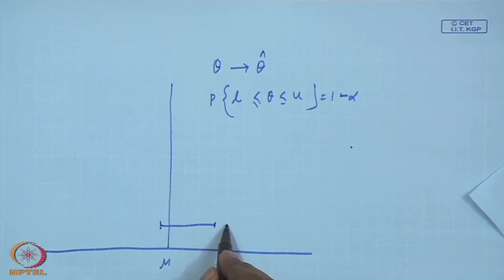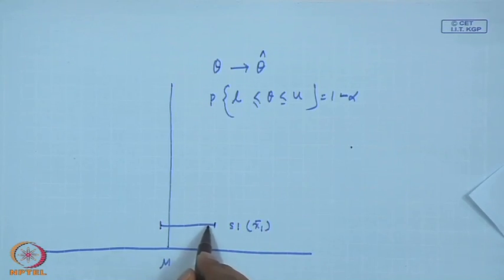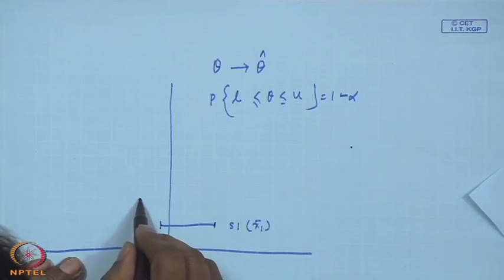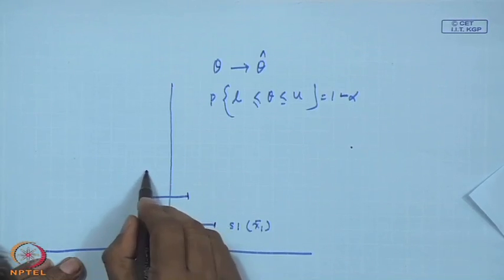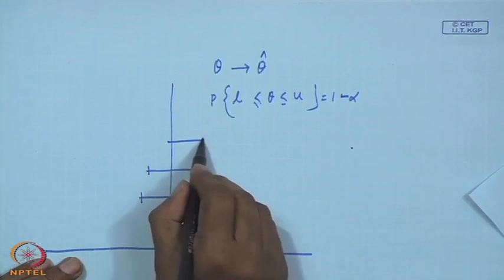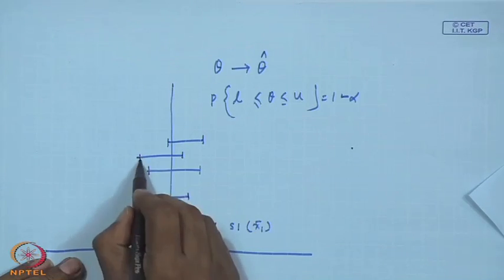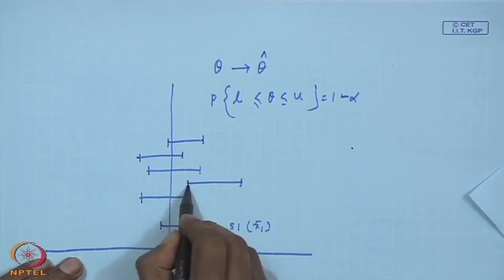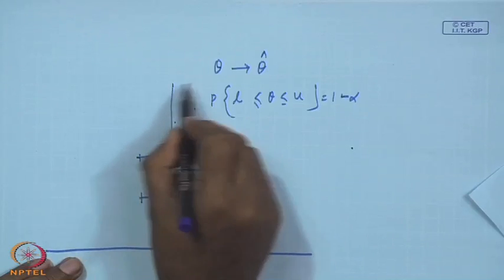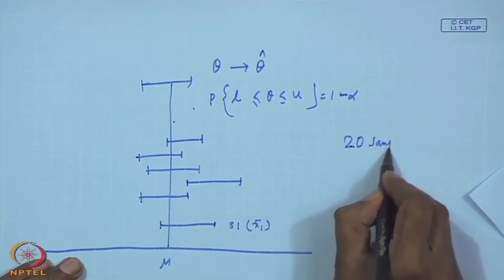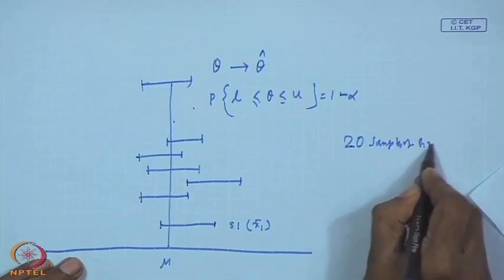This is your sample 1 and its x 1 bar, and you found its interval, because once you collect a sample you know x bar, so you can calculate the interval. Second one is like this, third one like this, fourth, fifth, sixth, seventh, eighth like this. Suppose you have collected 20 samples of size n.